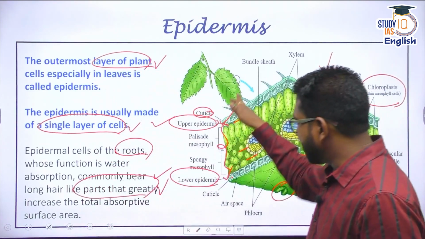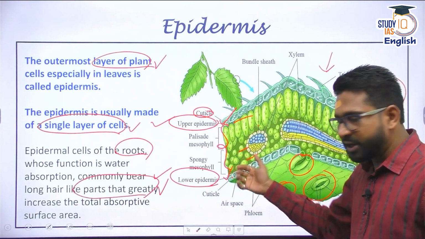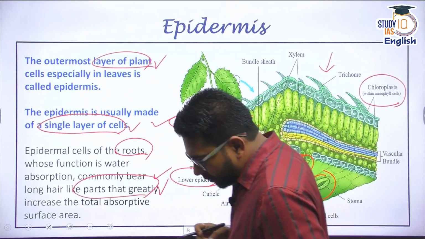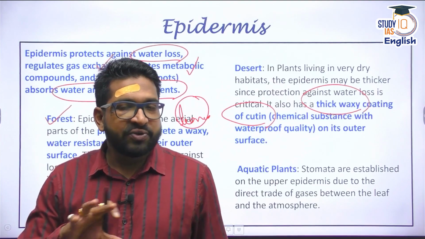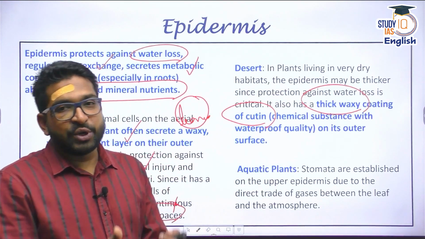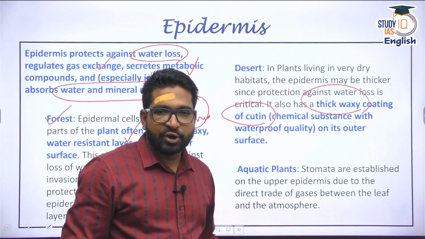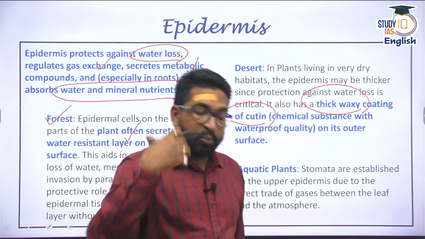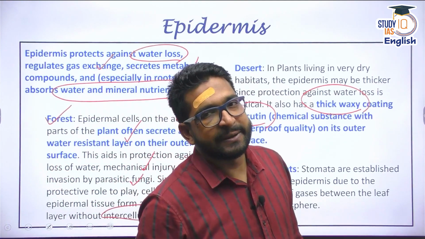This is the entire layer of epidermis itself, upper and lower epidermis, and you do have the stomata. All right. Now, when you look at hydrophytes, the stomata are on the opposite side. Why? Because they are submerged in water itself. For gas exchange, more and more stomata would be present on the upper side.